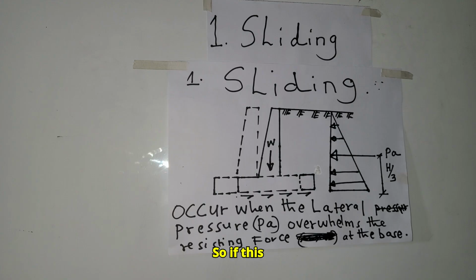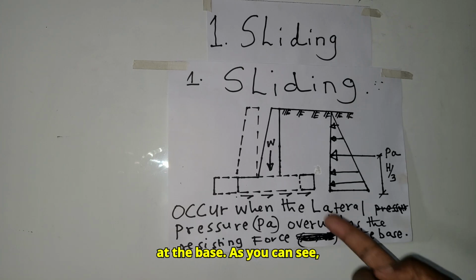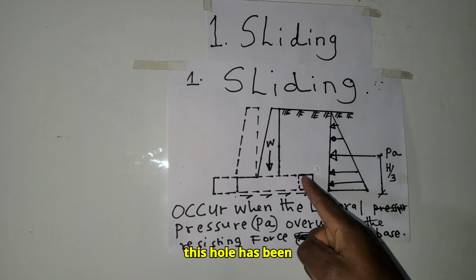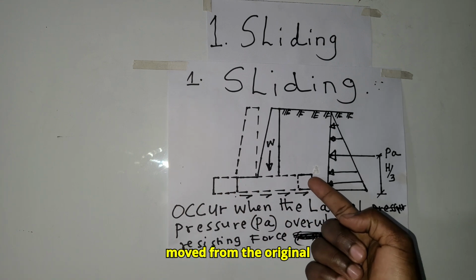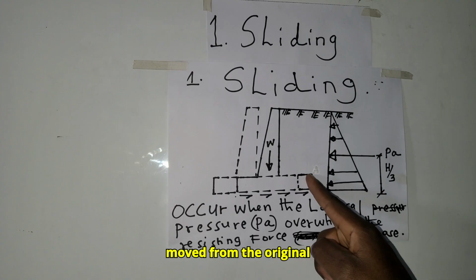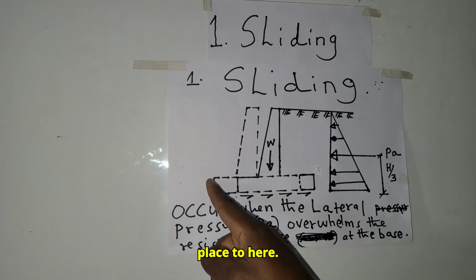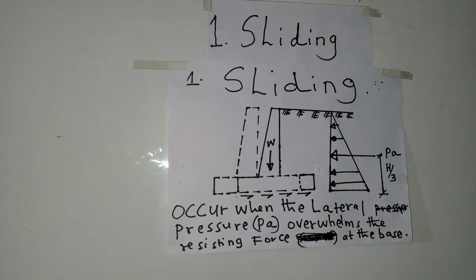So if this horizontal force, PA, overwhelms the resisting force, then sliding will occur at the base. As you can see, the wall has been moved from the original place to here. So that is sliding.